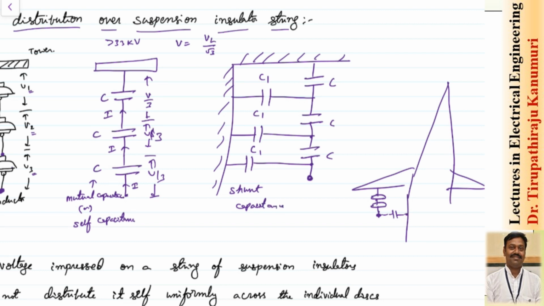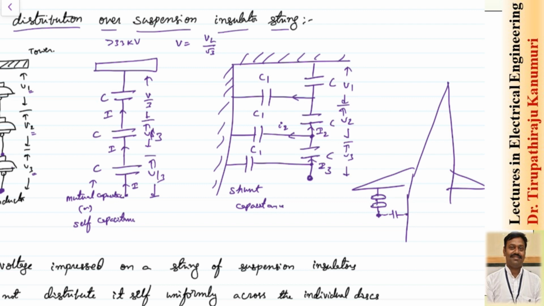Now let us assume the current is taken from this. Before that, let us take the voltages: this is V1, this value is V2 and this value is V3. The current passing through the third insulator is I3. When the current comes here, it will be divided, so I2 passes here.